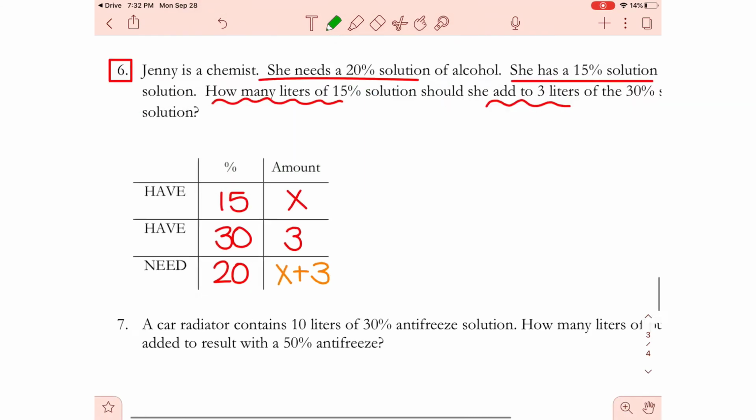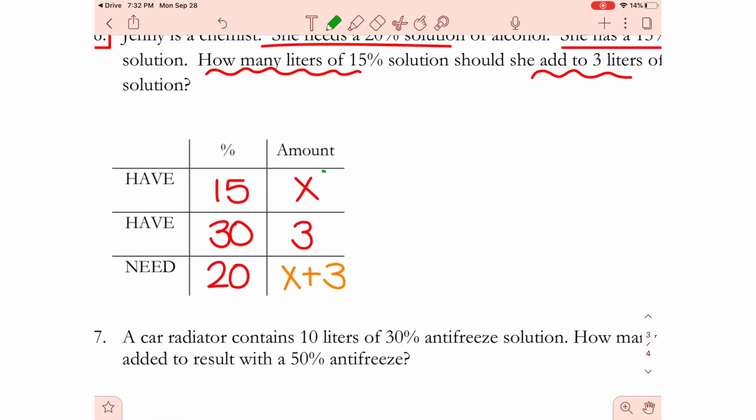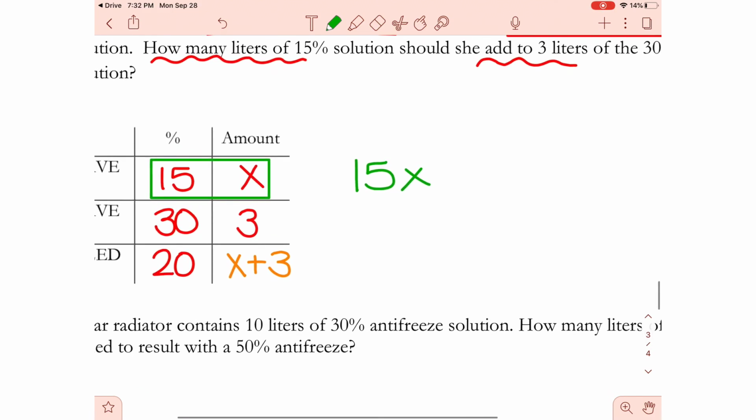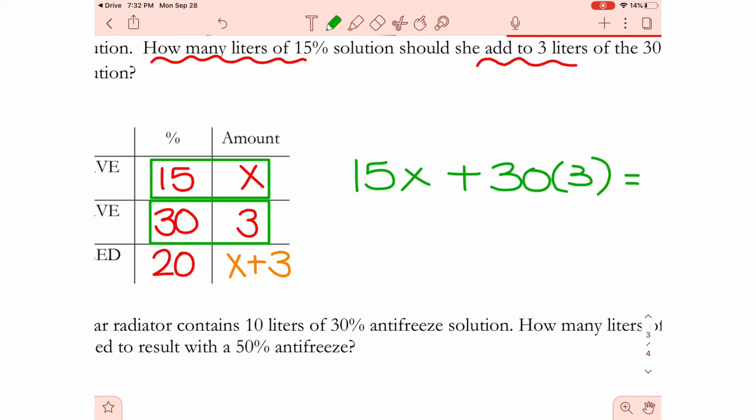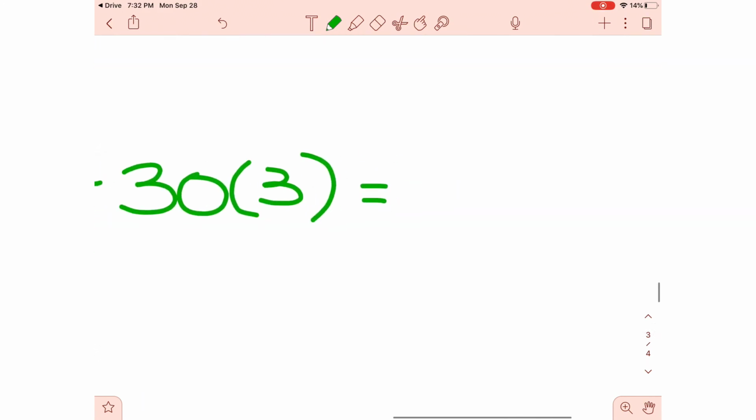The setup is this. We're going to add this mixture. So that's going to be 15 times X. We multiply those. So we're going to add that to the second mixture, 30 times 3. And set it equal to the need, 20 parentheses X plus 3.